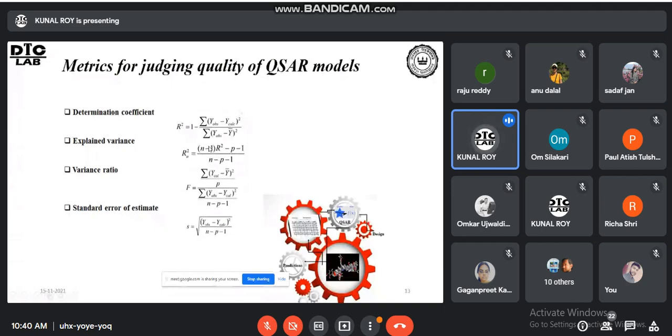And this number of descriptors penalizes the R square value. So if we use more descriptors, the R square value will be penalized and will be a smaller value. So adjusted R square is a better reflection of model quality because we are using both the number of compounds and the number of descriptors in the expression.